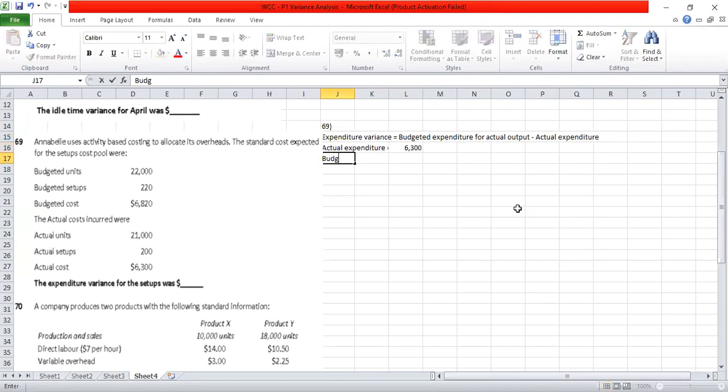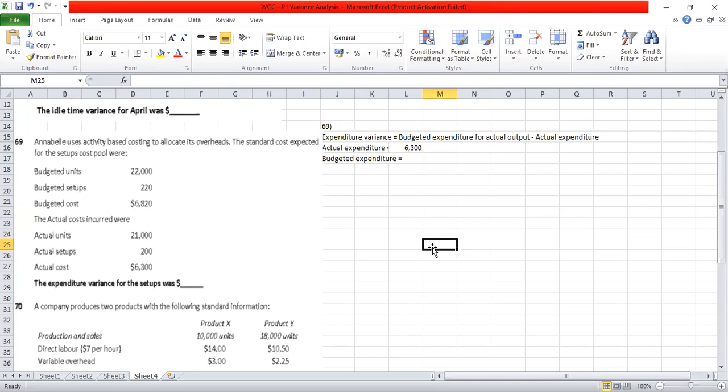Let's come to budgeted expenditure. We would have calculated it simply if the rate was given. Do we see the rate given? It is only the fixed budgeted cost which is given as 6,820.